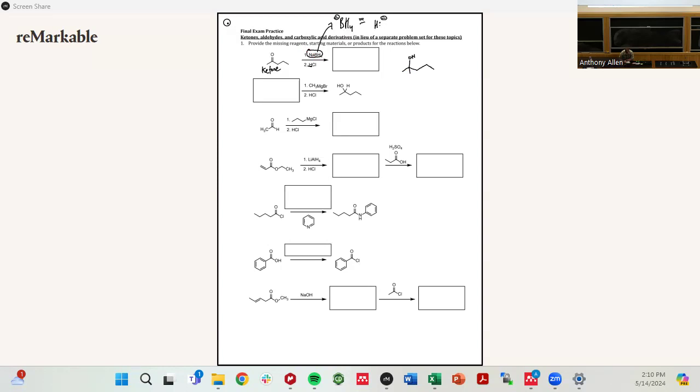So if it's a hydride, it's going to be a hydrogen. So we can draw, you could draw it like this, or if you want to explicitly show the hydrogen that was added, you can also do that. But either of those would have been acceptable. So ketone and hydride goes to alcohol.